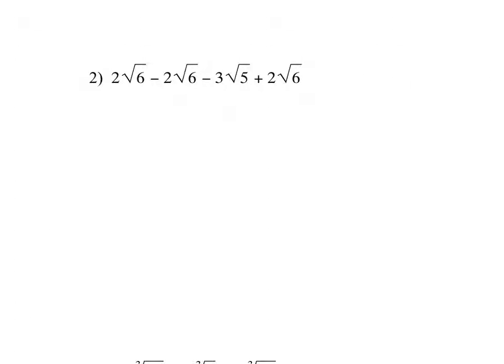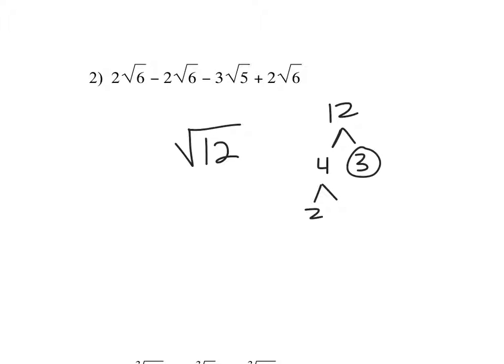No. The difference on these problems is I could give you like the square root of 12. Well, the square root of 12 I can break down. So if I look at 12, that's 4 and 3, and then 2 and 2. Okay, so that becomes the square root of 2 squared times 3, which in this case, 2 comes out, 3 stays in.